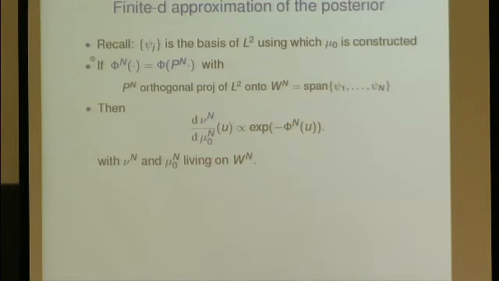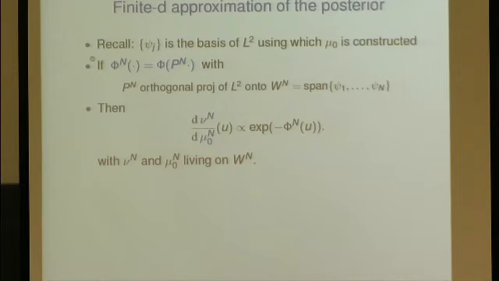If you do that, then it turns out that the part of the posterior which lives on the span of those n eigenfunctions you have discretized with satisfies such an equation with respect to the part of the prior which lives on the same space. Now you have a finite dimensional posterior measure.